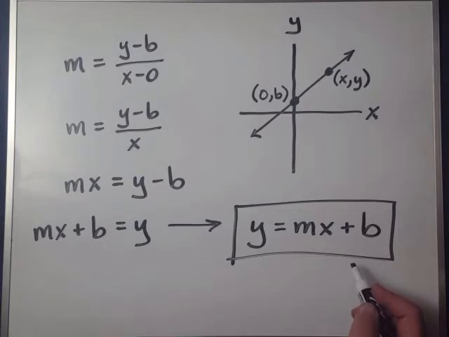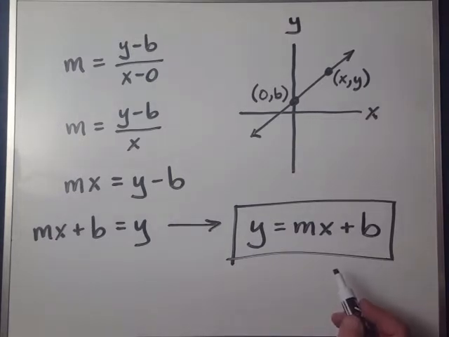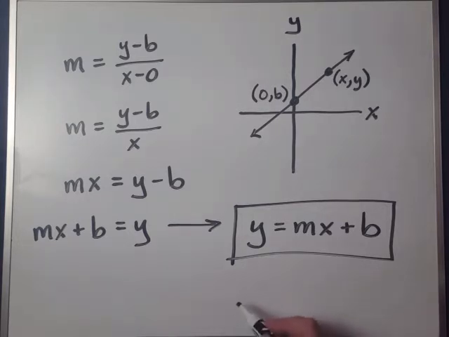In other words, b is the y-coordinate of that y-intercept. So we have a certain form of a line now that we can look at and determine certain things about that line.